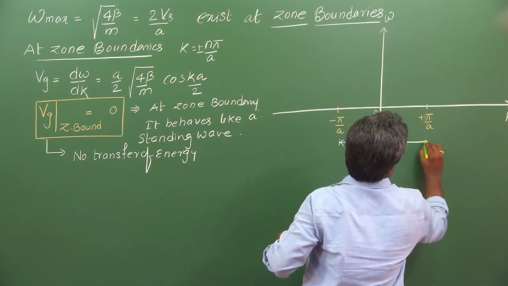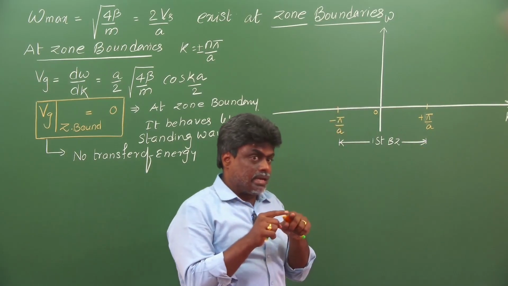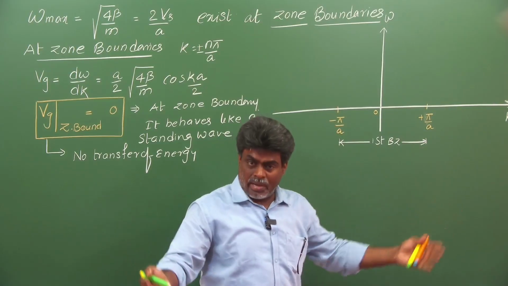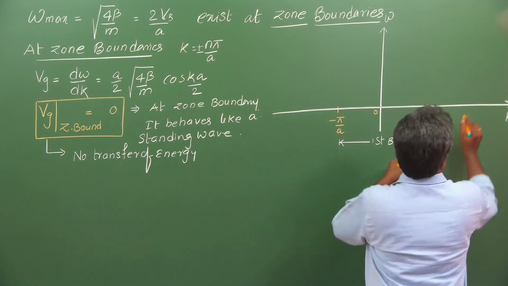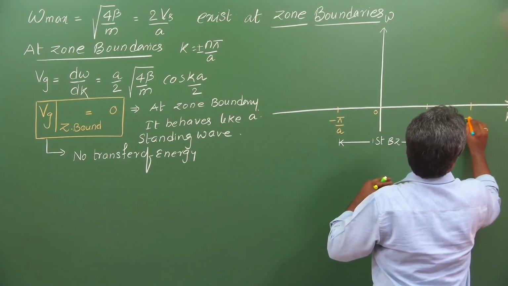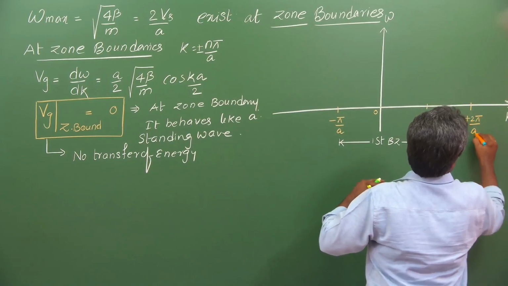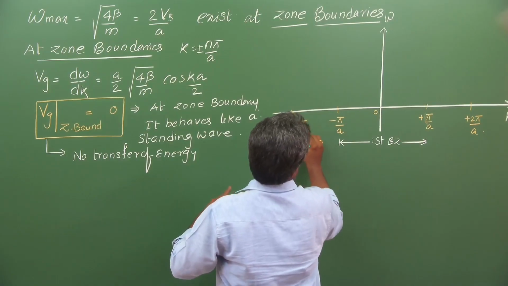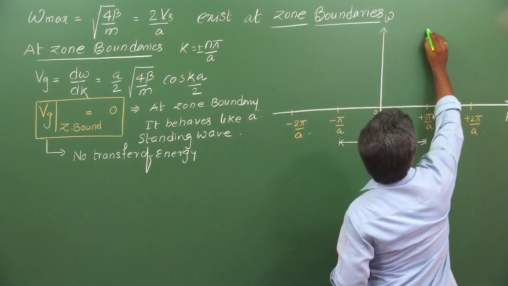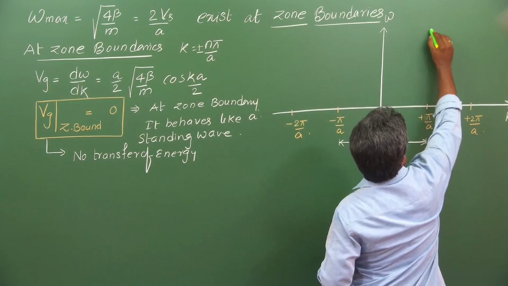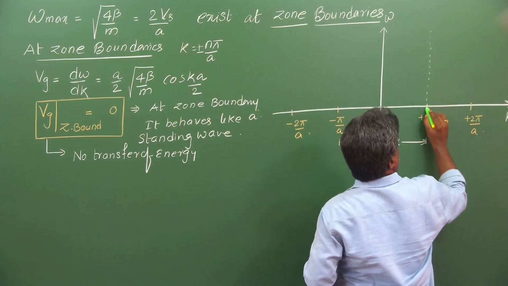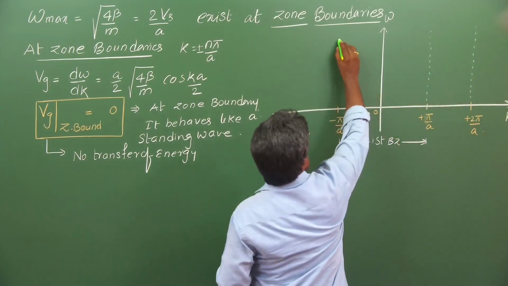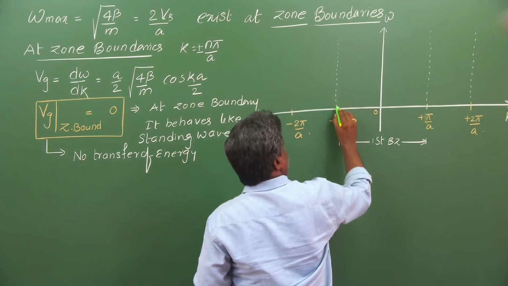In the earlier classes I told you, you will be having a first Brillouin zone. It is surrounded by a second Brillouin zone, somewhere here plus 2 pi by a, and here also minus 2 pi by a. Wait a minute. I hope at least some of you have seen this diagram in the textbook.